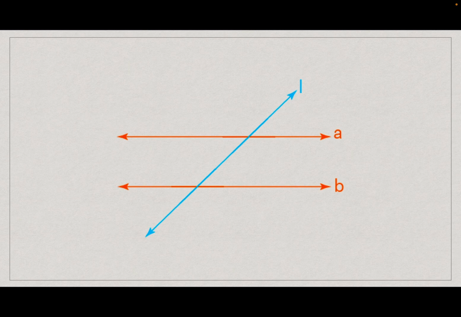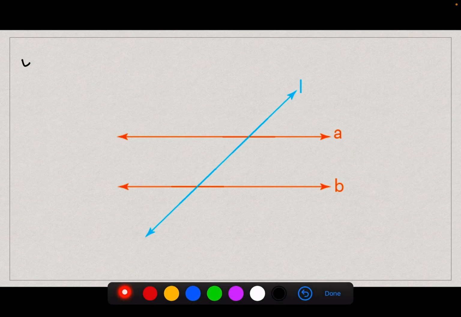So in this case, the given would tell us that A is parallel to B. And we would say that L is a transversal. And what does that mean? Well, here's the special part, all right?